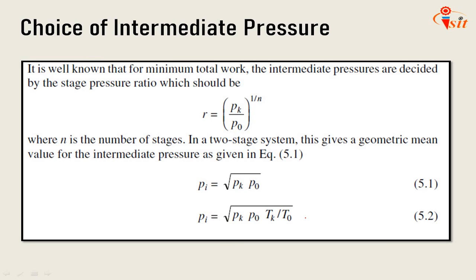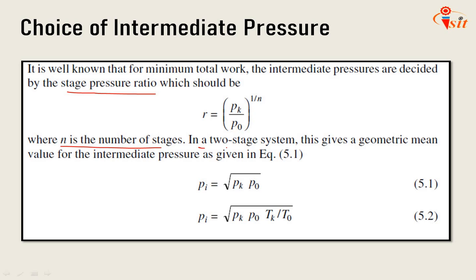Next point is about the choice of intermediate pressure. It is well known that for minimum total work, the intermediate pressures are decided by the stage pressure ratios. The stage pressure ratio should be R equal to (Pk/P0) raised to 1/N, where N is the number of stages.